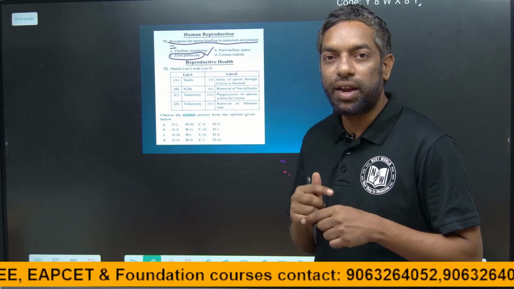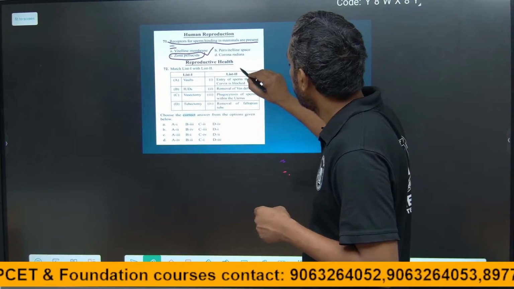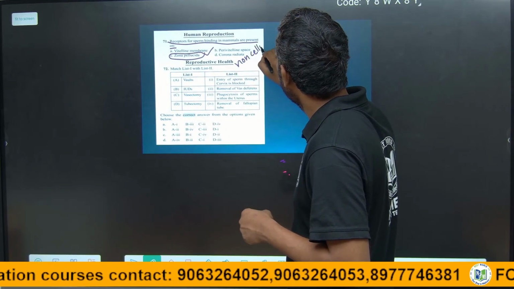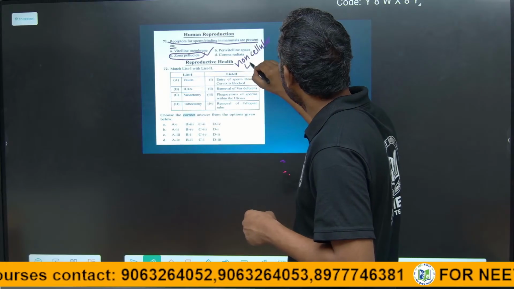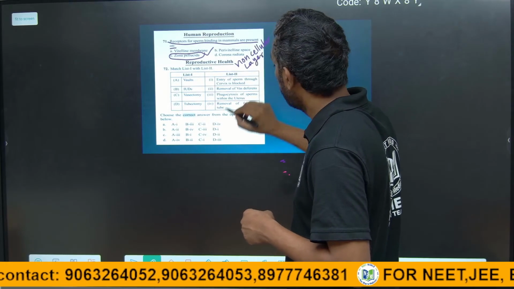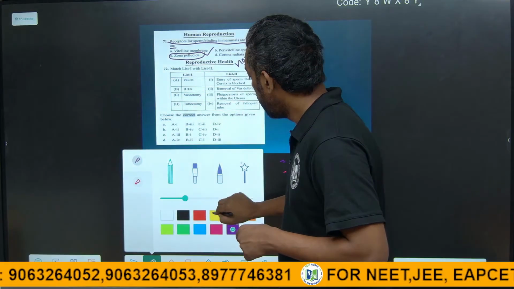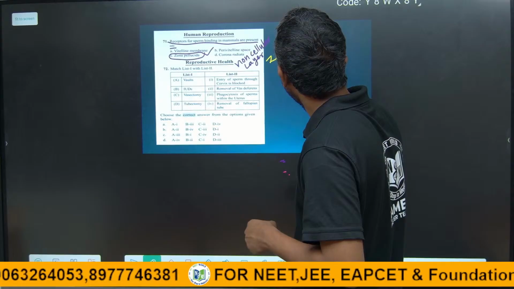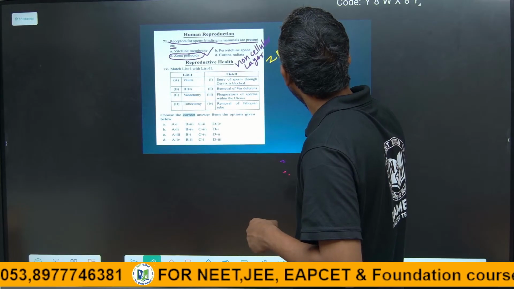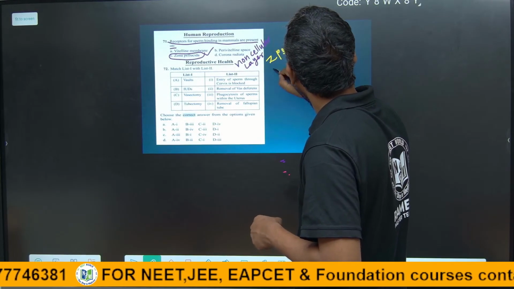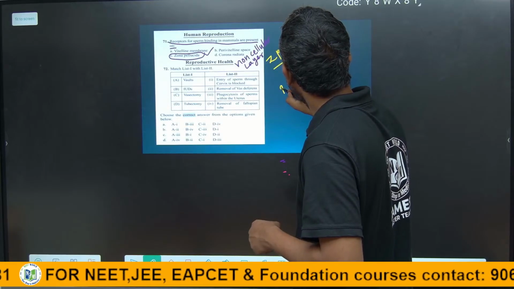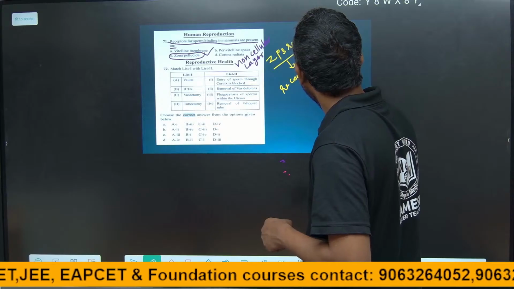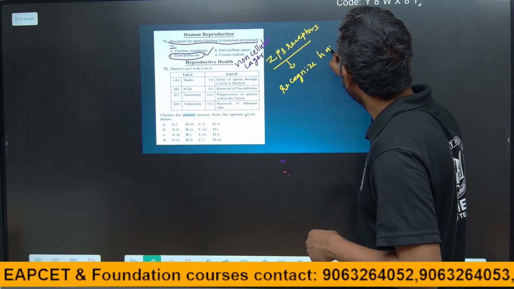It is a non-cellular layer, and this layer has ZP3 receptors. They can recognize human sperm.